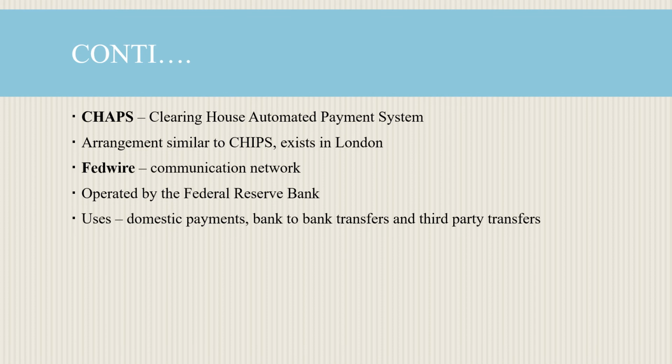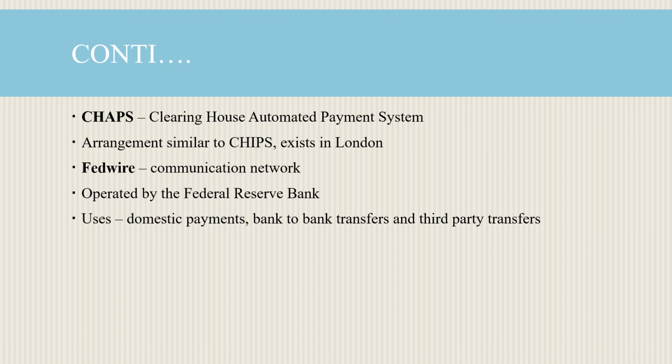CHAPS is an arrangement similar to CHIPS that exists in London. It is the Clearing House Automated Payment System. Fedwire is a communication network linking the computers of about 7,000 banks with the computers of the Federal Reserve Banks.